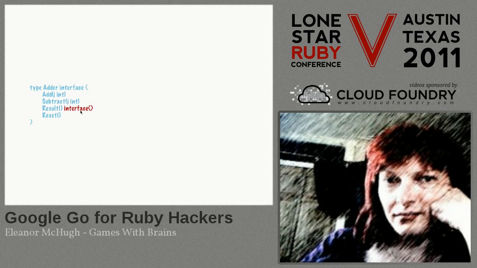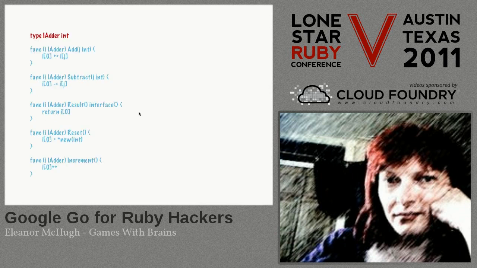But anyway, there's one other little wrinkle in here. This thing here is the blank interface. That refers to any type, regardless of its method set, which means it also refers to all of the built-in intrinsic types. And here's an example of actually implementing a type that implements the interface. This is just another use of an int type, and it's a very simple one.